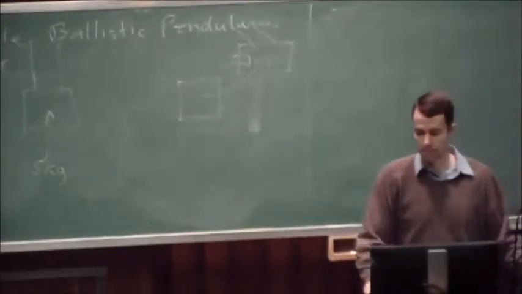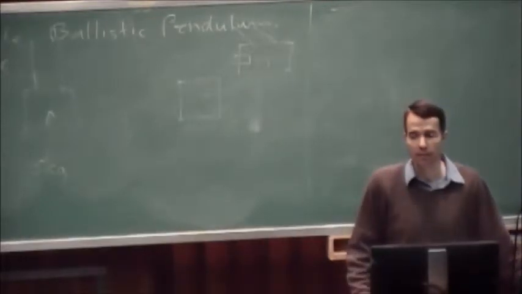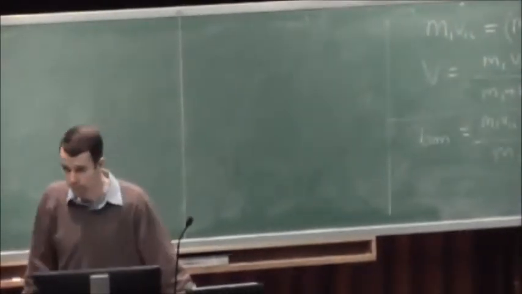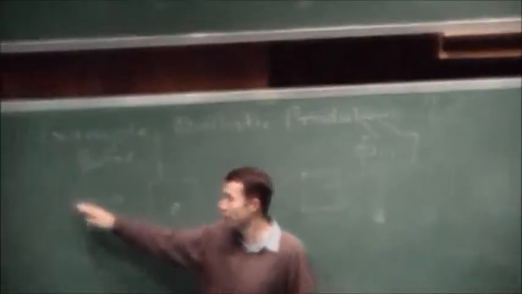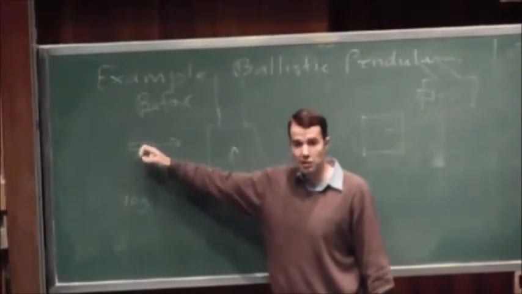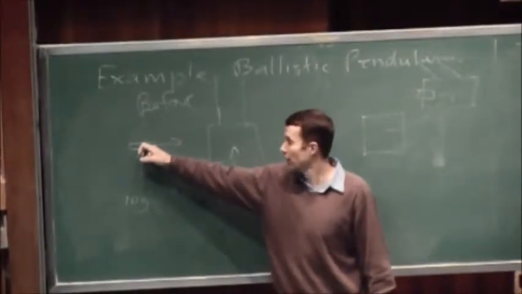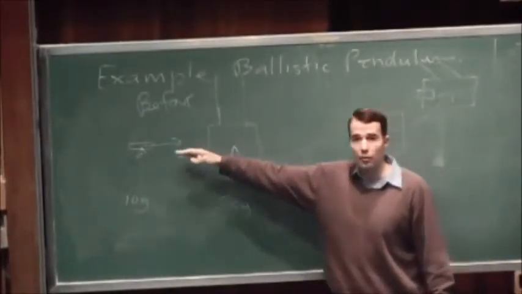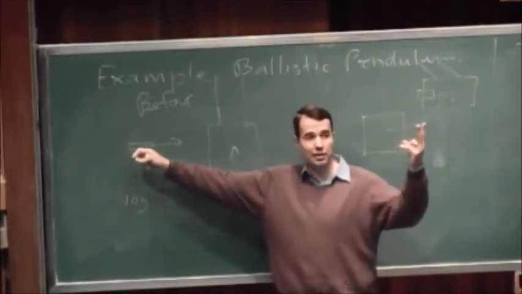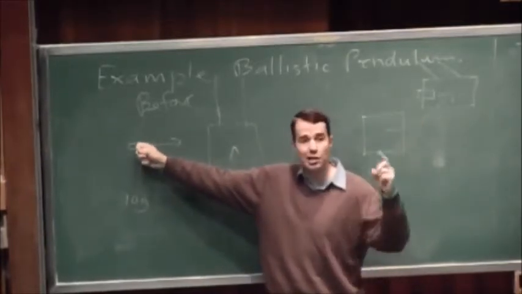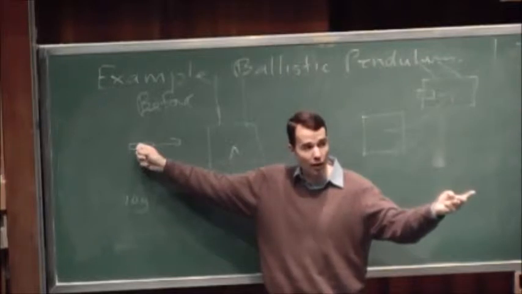Any ideas? Yeah. Okay, so we can first start off with the momentum of this bullet. What we're going to do is break this down into two parts. First, we're going to say, what is the momentum of this bullet before?